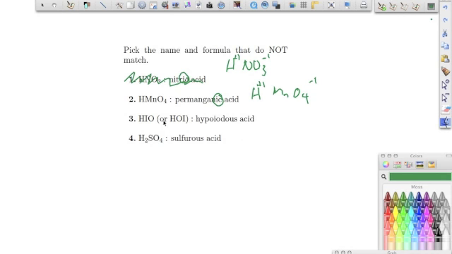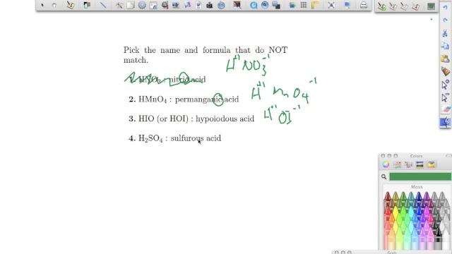Here we have hypoiodous acid, which used to be hypoiodite. This one's not on your chart, so I'm going to tell you that this one is correct. We would have our IO with a -1 charge and hydrogen with a +1. We crisscross these, and that's where we get the formula.